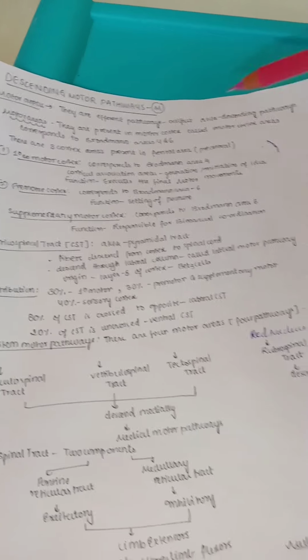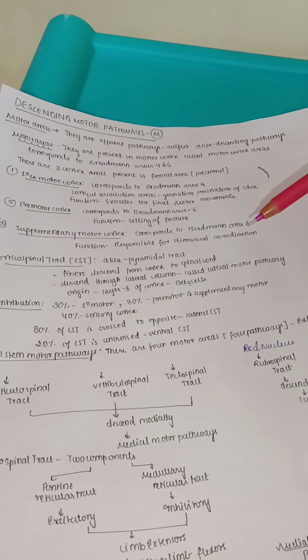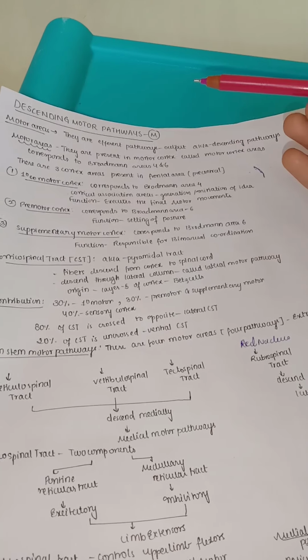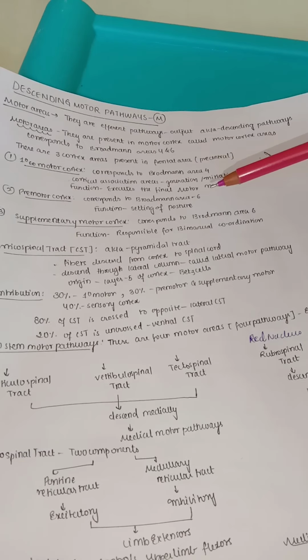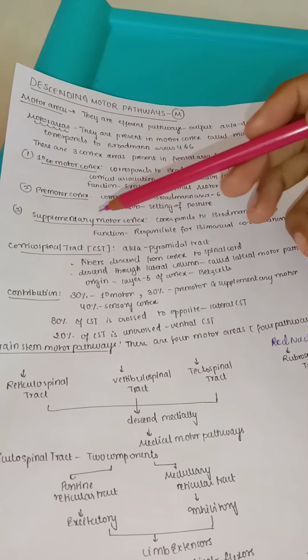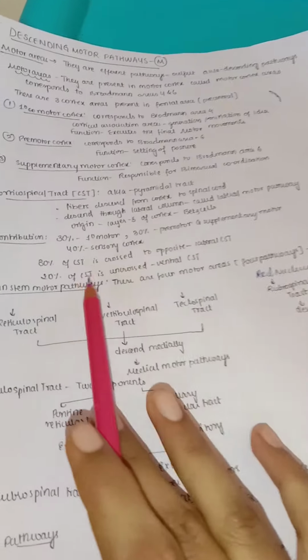For example, now my hand is catching a pen and the other hand is catching a mobile phone. Bimanual coordination is required even to say this lesson, and it is done by the supplementary motor cortex. If you take examples and learn, it will be very fast and easy to understand.